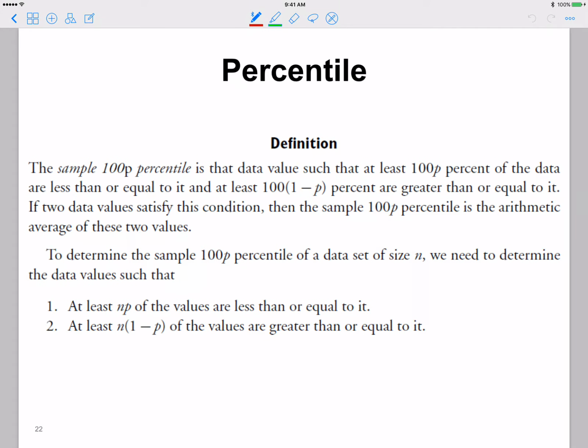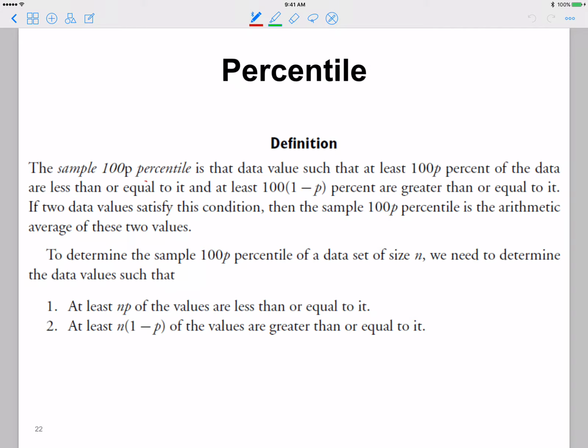And last time we studied something called a statistic, which is a particular type of summary of some data sets. And now, let's study the percentile.